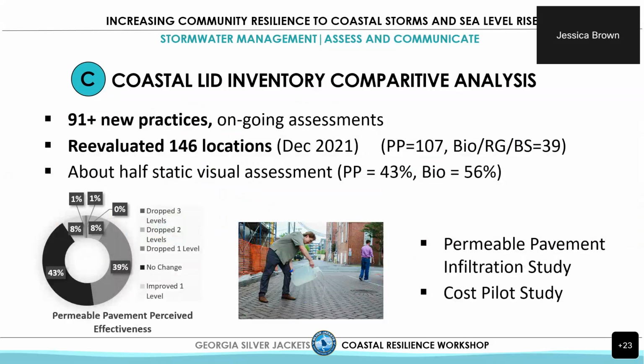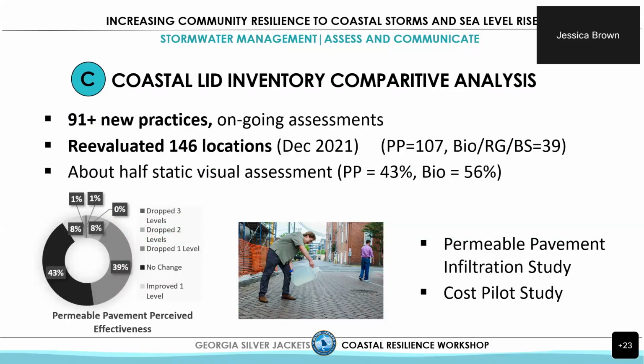I mentioned our first study was conducted in 2016 and 17, and we assessed about 220 different practices. We're currently finishing up, and in that span of time, we've seen about 90 different practices added, or at least that's what we've documented thus far. In December of 2021, this was the midpoint for our work.